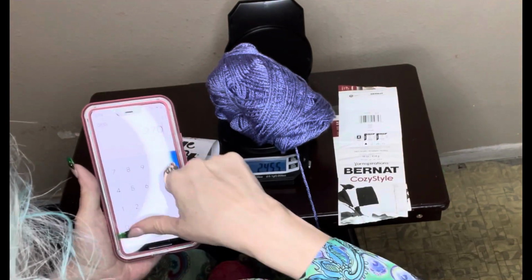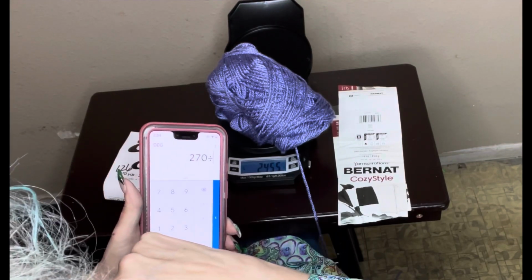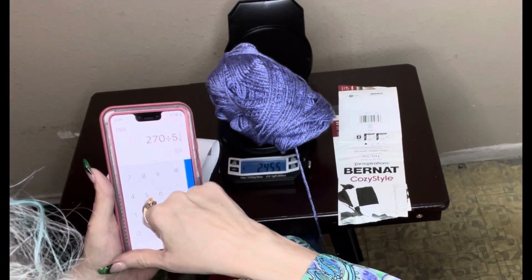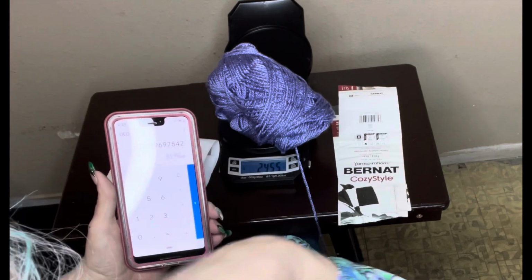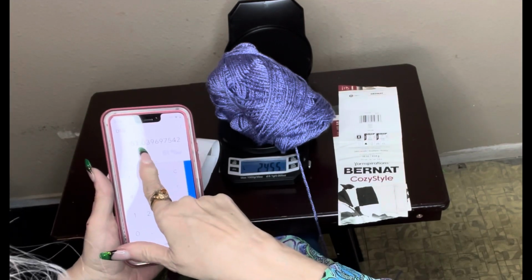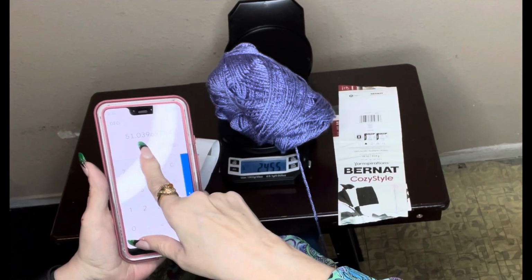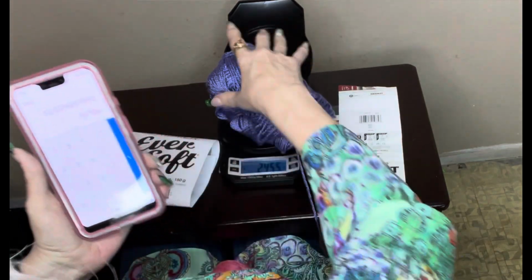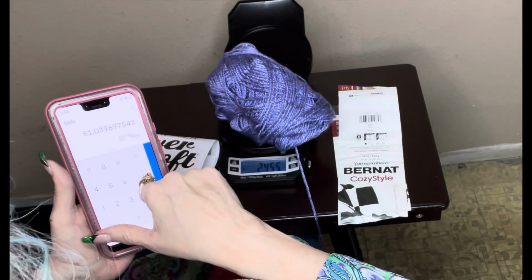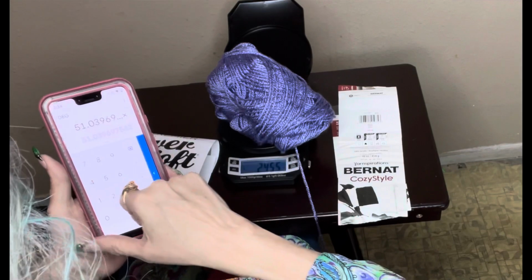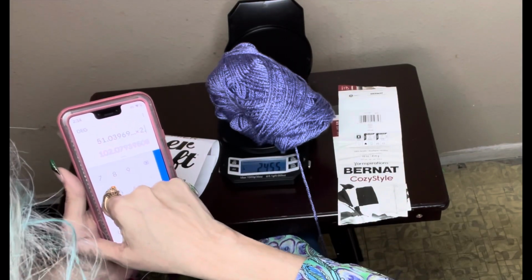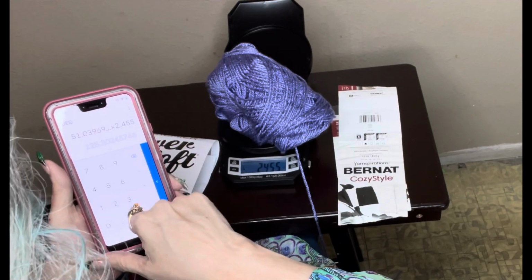I would put that in, divided by 5.29 ounces equals 51 yards per ounce. And then I would multiply by the number on my scale, which is 2.455.